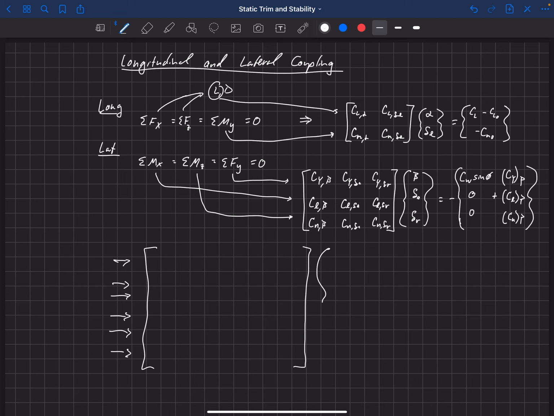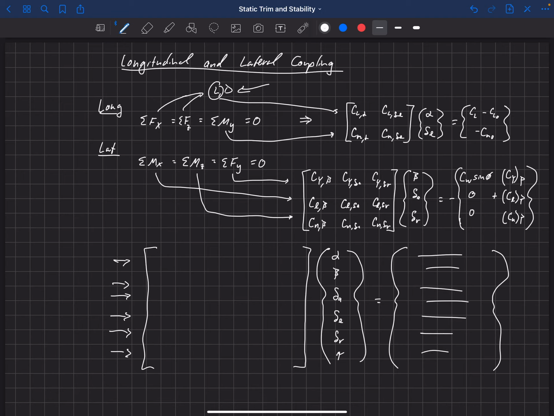And then the angles that we could solve for would be our 2 aerodynamic angles, alpha and beta, and then our 3 control surface deflections, delta A, delta E, delta R. And then last we would also be including this drag equation up here, so we'd be able to solve for some throttle setting. And we'd set that equal to everything when these things are 0, so we could have 6 things over here.